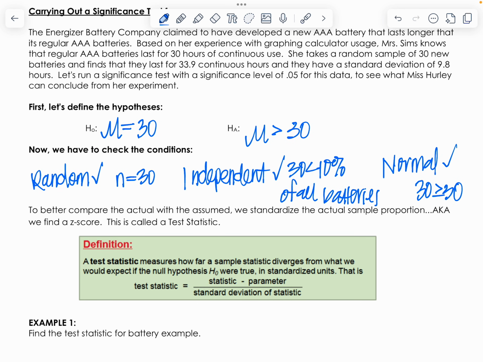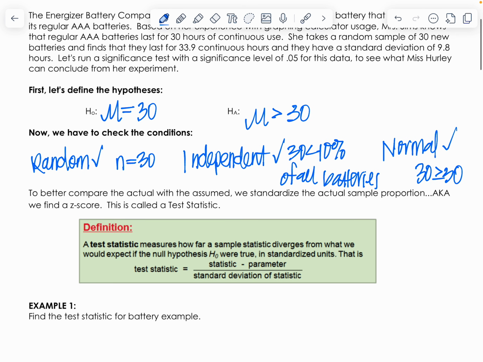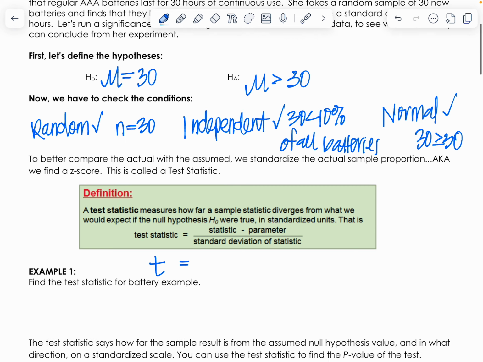All right, and so just like we did with percents, we're going to have a test statistic. That test statistic is going to measure how far a sample statistic diverges from what we would expect. This test statistic is going to be a t-score. Remember, with means, we use a t, like inverse t, for our critical value. So we're going to use that as well here.